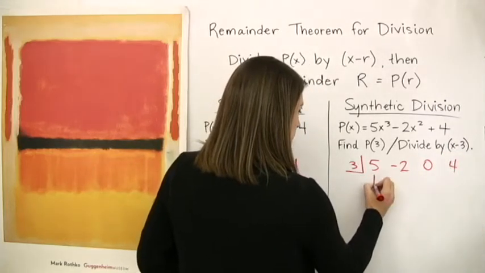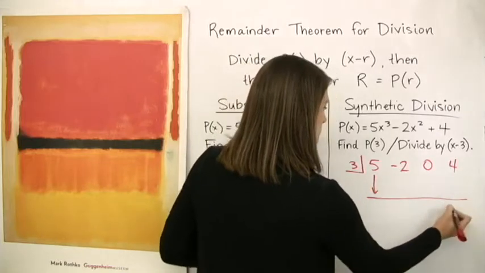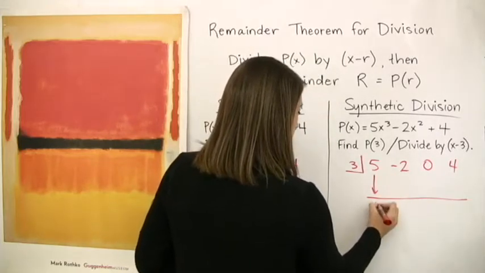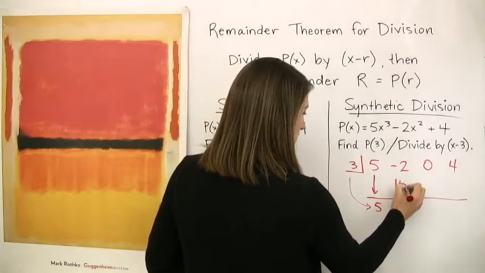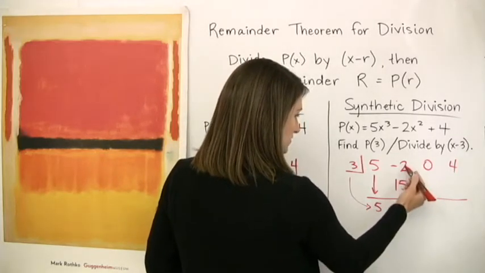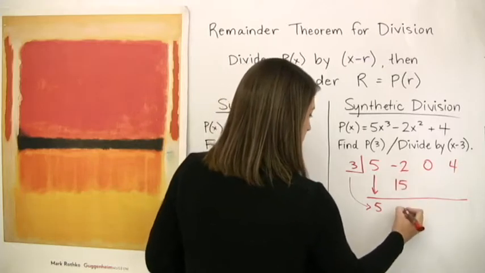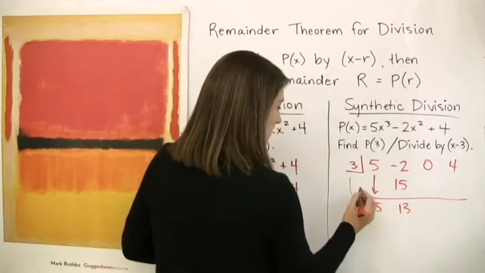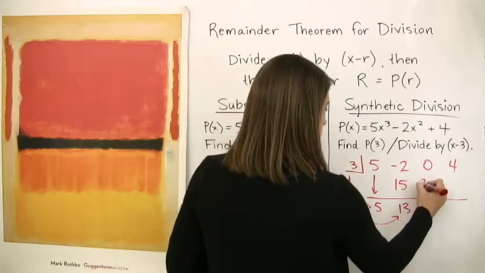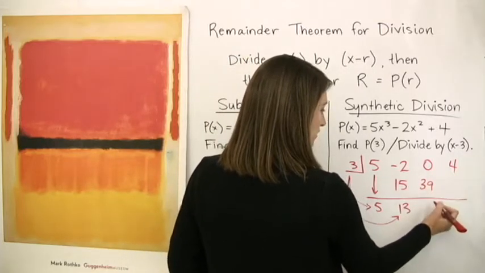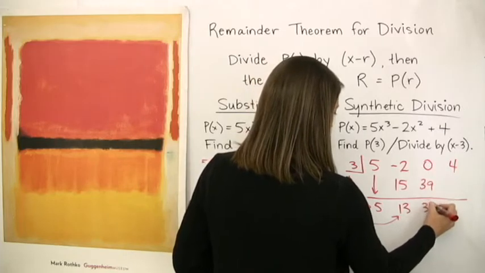So for synthetic division, let's pull down our first coefficient here to 5. And we're going to multiply 3 times 5 is 15 and put it here. And we're going to add these two. We've got negative 2 plus 15, which is 13. Then we're going to multiply 3 times 13, which is 39. 0 plus 39 is still 39.